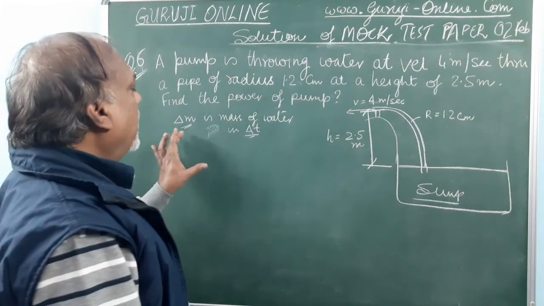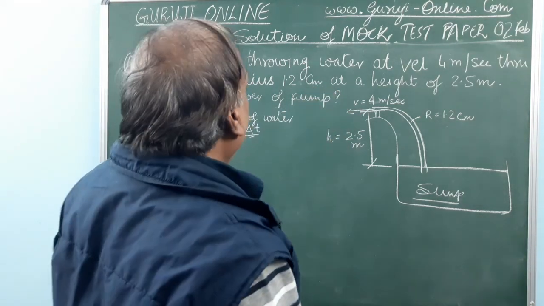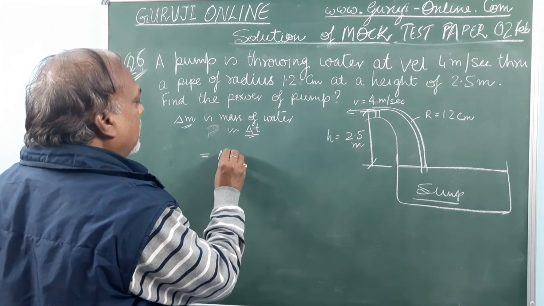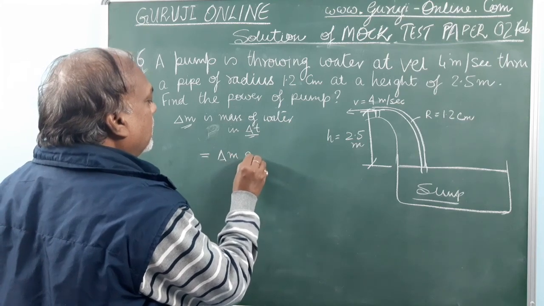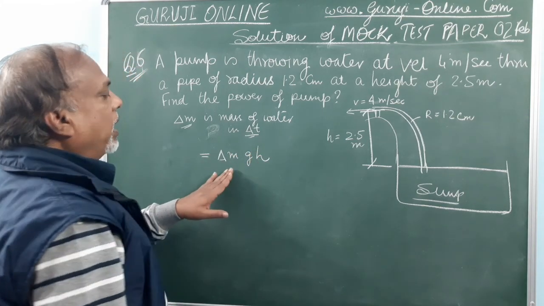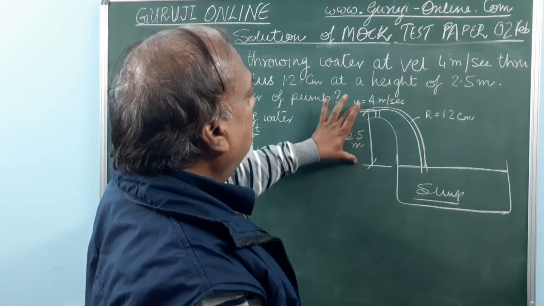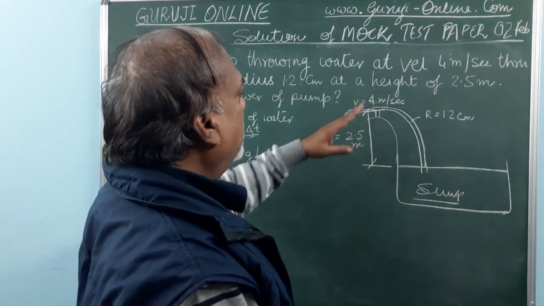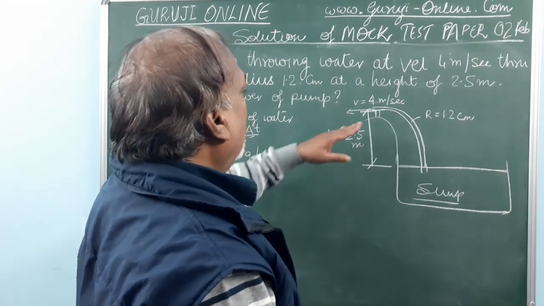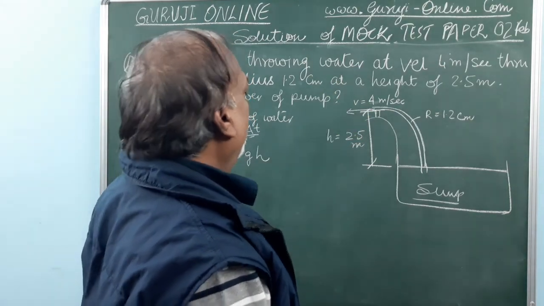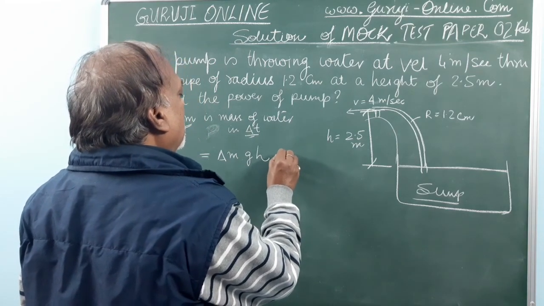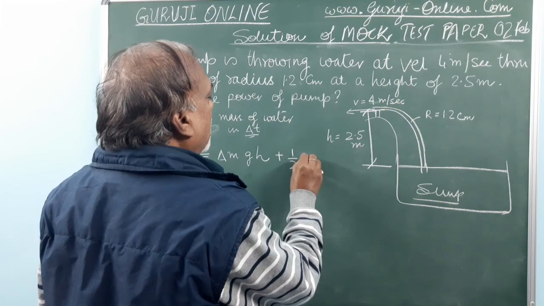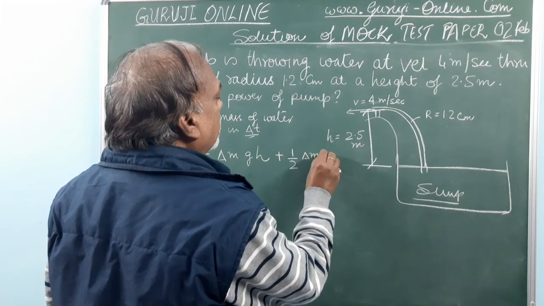Now this mass delta M will have delta mgh potential energy because it is being raised from here to here, and at this point it will have velocity also, so it will have kinetic energy also.